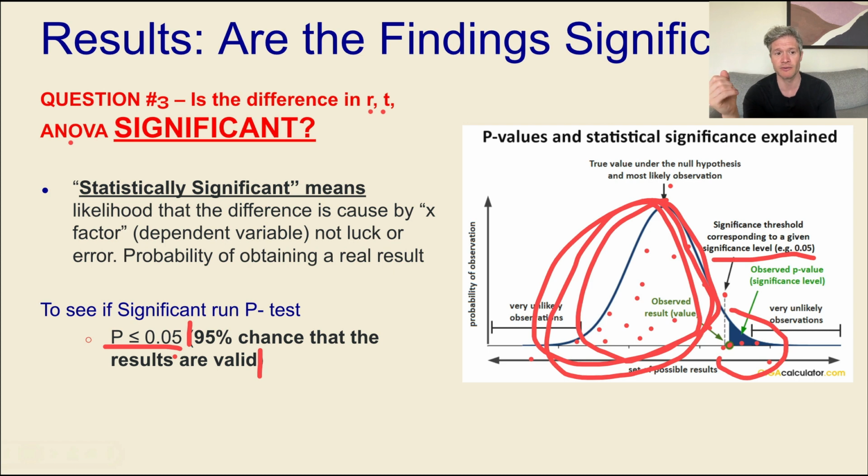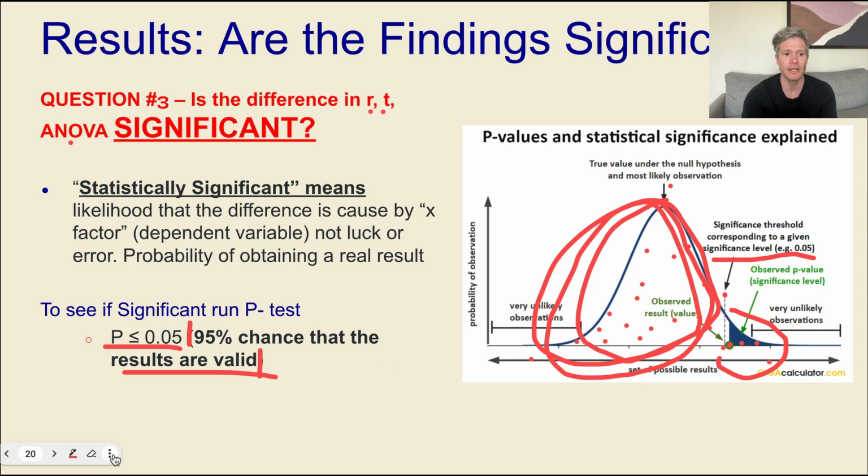0.02. That's very significant. 0.01, 0.0001. That's very, very significant, because we're saying it's not just 95%, it's 99.999% significant. We're saying that there's a very, very low chance that what we find is due to randomness, that we're most likely finding a valid result.